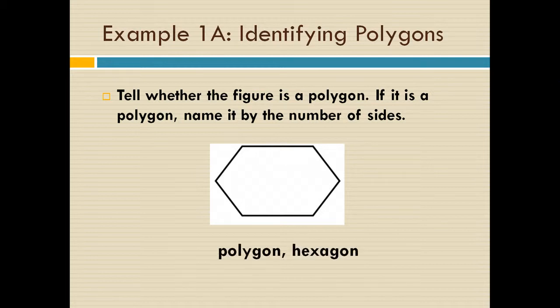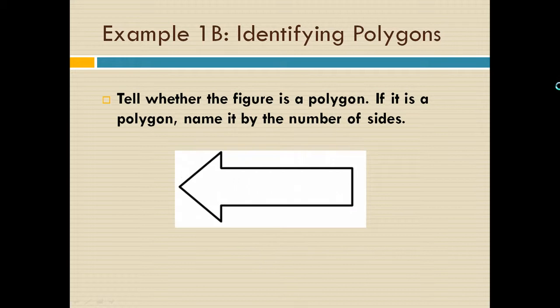It's a hexagon. Another example, we have this arrow shape. All of the sides are closed, and none of the lines go past their vertices, so this actually is a polygon. If you count the sides, you'll see there are 7, so this would be a heptagon.